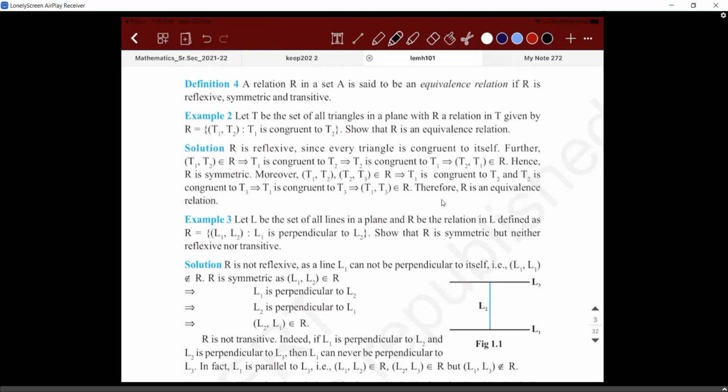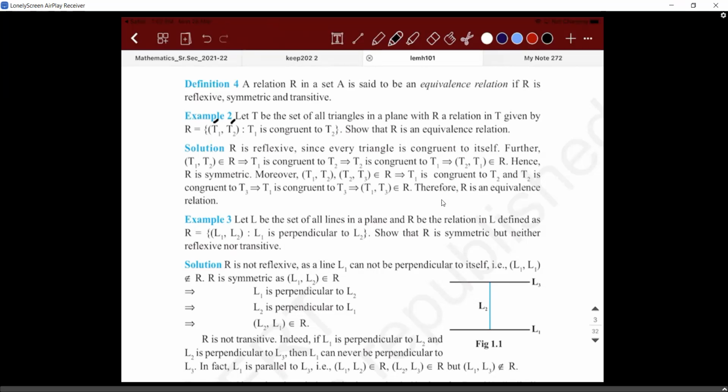All triangles are there, and you need to frame a relation R in set T such that R is equal to the pairs T1, T2 such that T1 is congruent to T2. So I need to write ordered pairs in such a way that the first triangle of the ordered pair is always congruent to the second triangle. What do you mean by congruent generally? Congruent generally means they're the same.